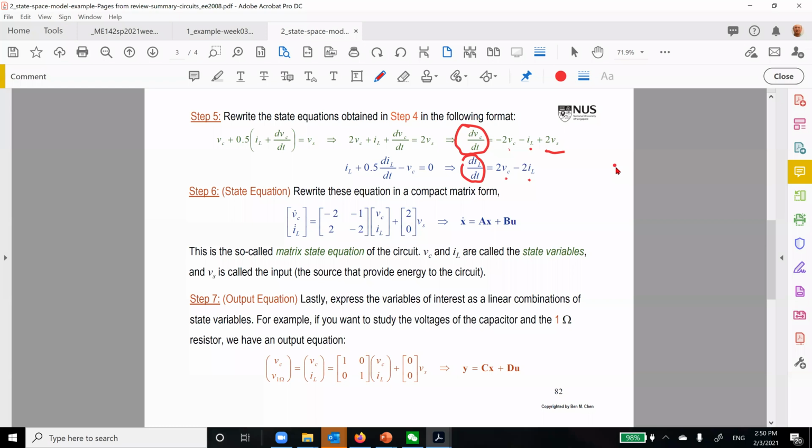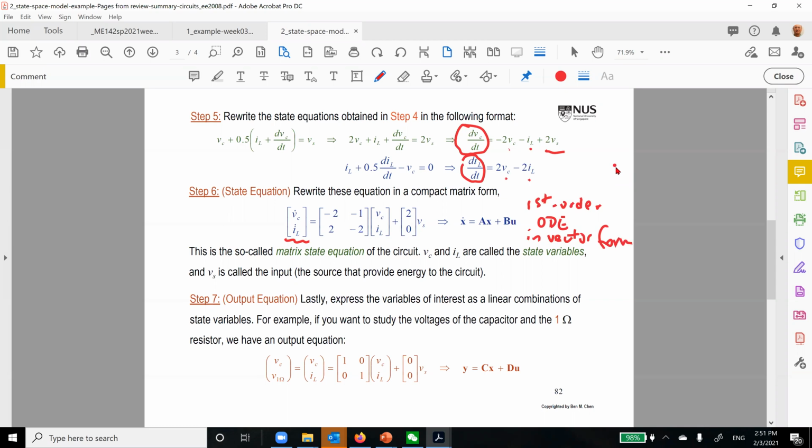But this one is plus 2 VS, so you have 2 in here. Writing this as X, X dot equals AX plus BU. This is called the matrix form of the state equation. This is actually a first order ODE in vector form.